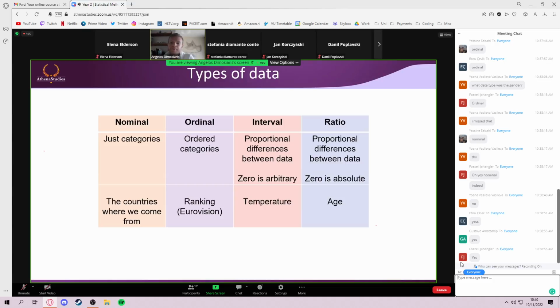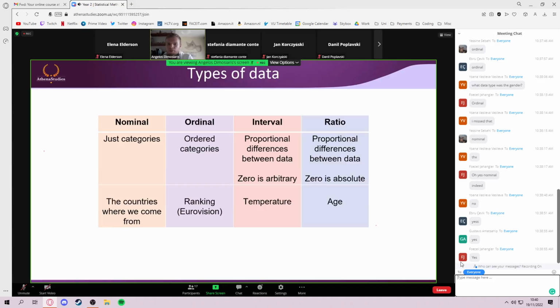That means something. But it's also the same with interval variables. You can have 20 degrees Celsius and 10 degrees Celsius. It's still a difference of 10 degrees. That also tells you something. So this part is exactly the same in these cases. We both have proportional difference between data. The only thing that distinguishes them is the zero.